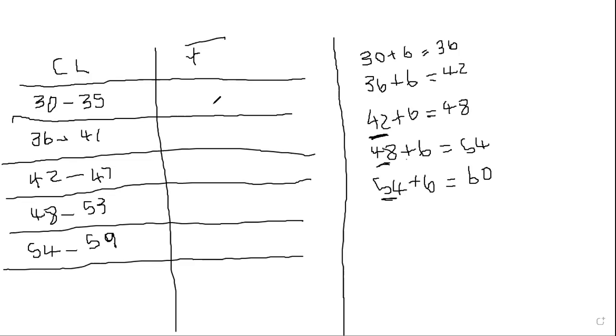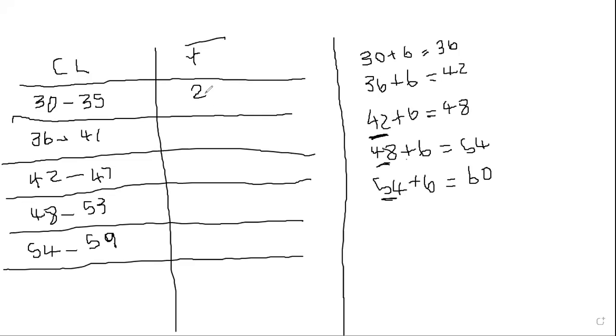Second row, I don't see any value. Third row, I see 30. It falls between 30 and 35. Then the last row, I don't see anything, meaning our frequency is going to be 2 here, which is 32 and 30.